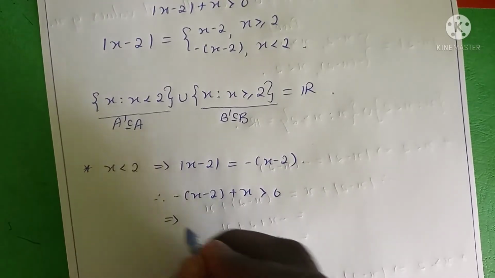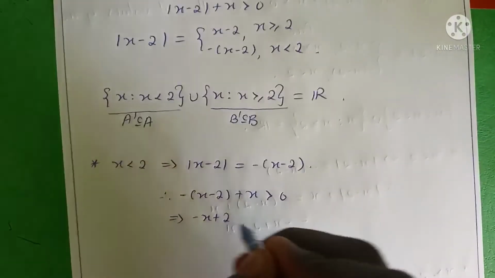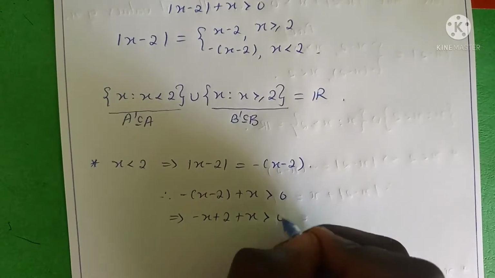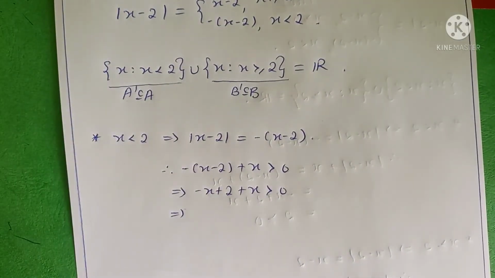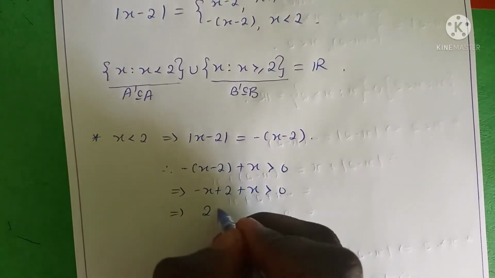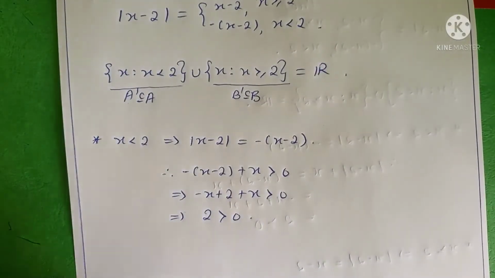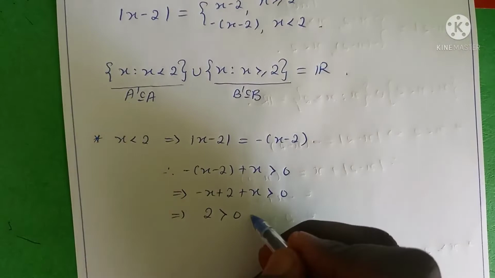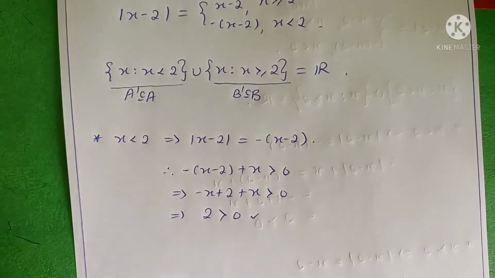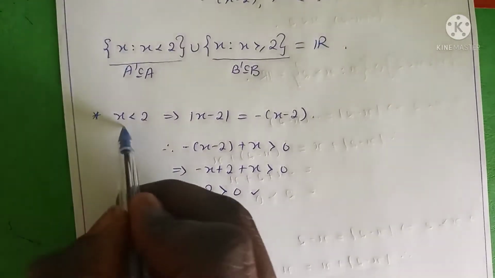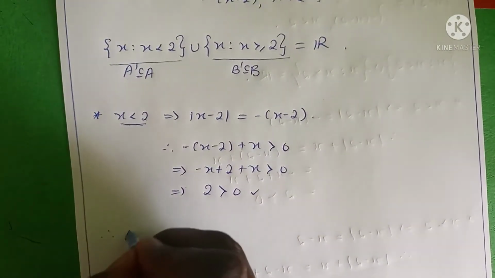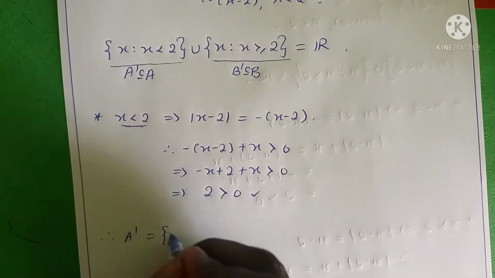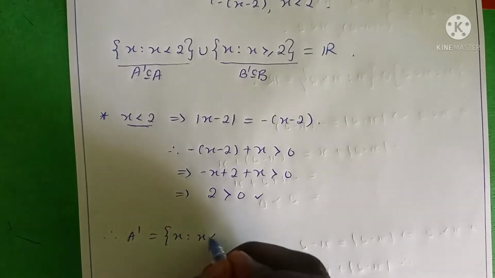And this implies that negative x plus 2 plus x is greater than 0. And we know negative x plus x is just 0, and we're left with 2, which is greater than 0. Now we know 2 is greater than 0. This is always true. And therefore, all elements of this set will satisfy the above inequation. That is, we are saying that A prime is the set A, which is just the set x such that x is less than 2.